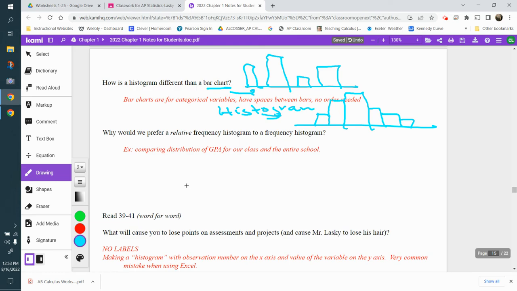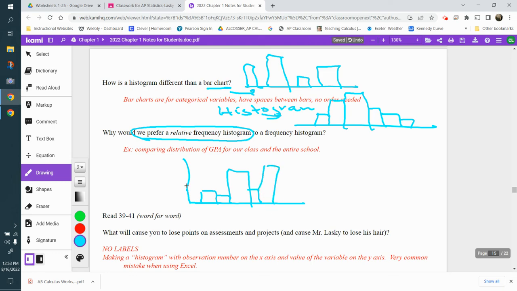So in class, we'll talk about a relative frequency histogram. So let's just assume I had a real quick histogram that looked like this. Yeah, it sucks.